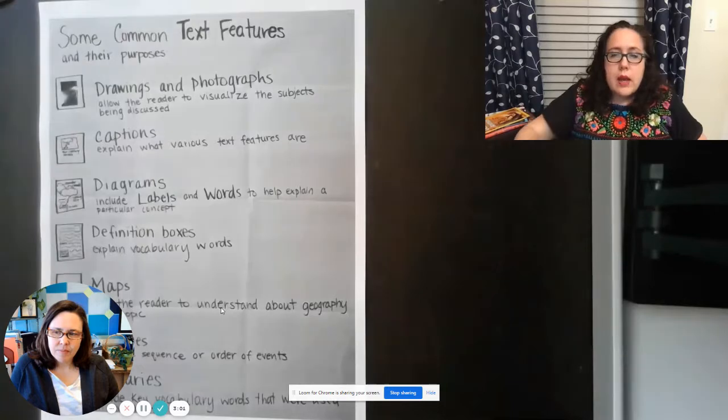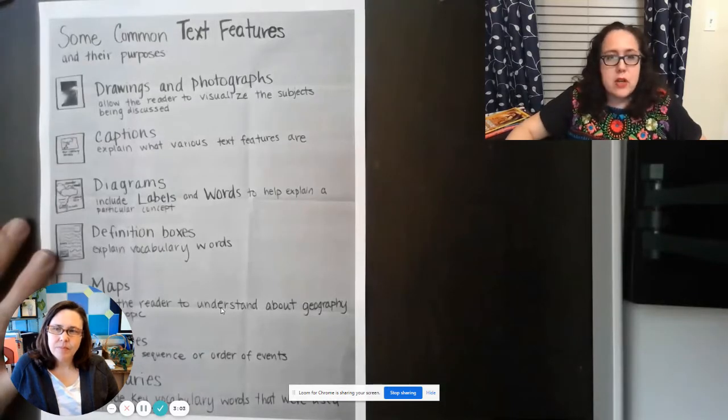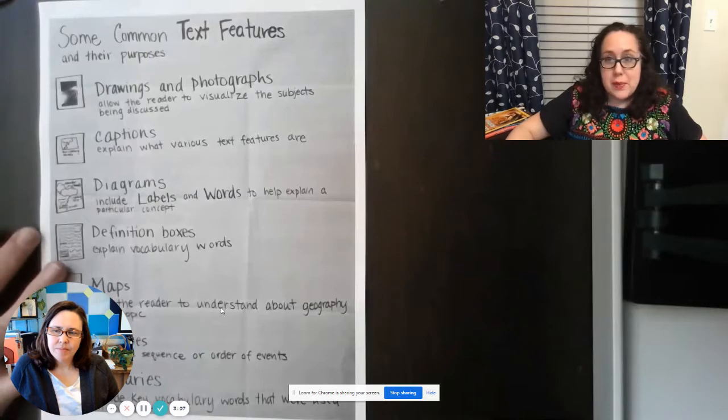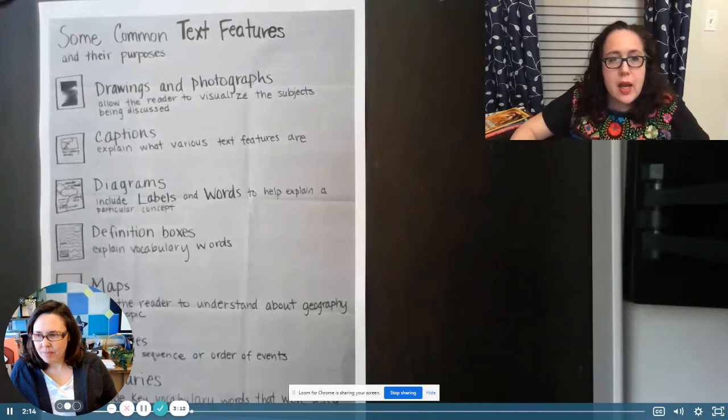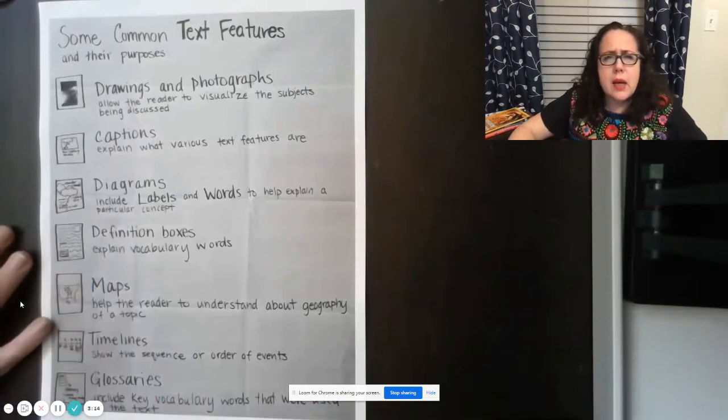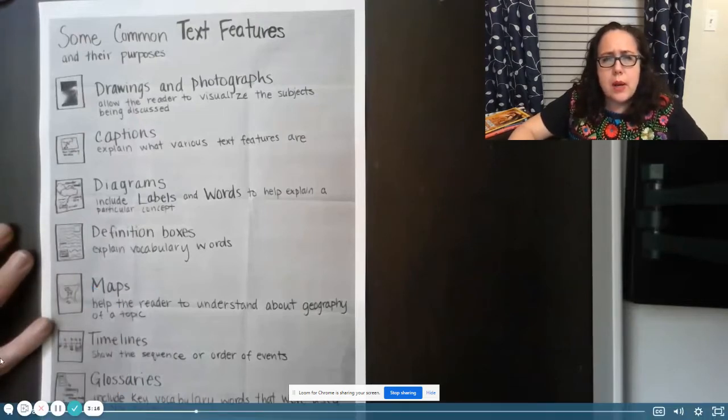So let's take a look. A friend of mine made this chart for her students, and actually your teacher might have been that friend, or maybe your teacher shared something similar with you. But these are some common text features that you probably remember from your own reading, or maybe even your own writing.